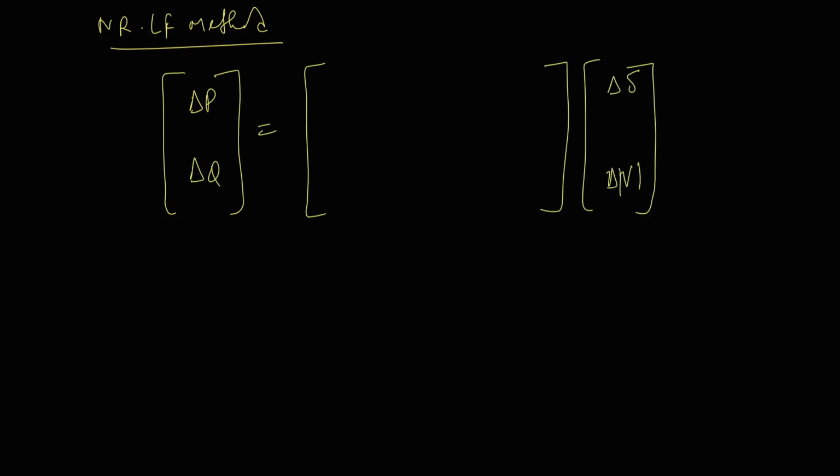And what about this Jacobian matrix? Now this is dou P by dou delta, right?